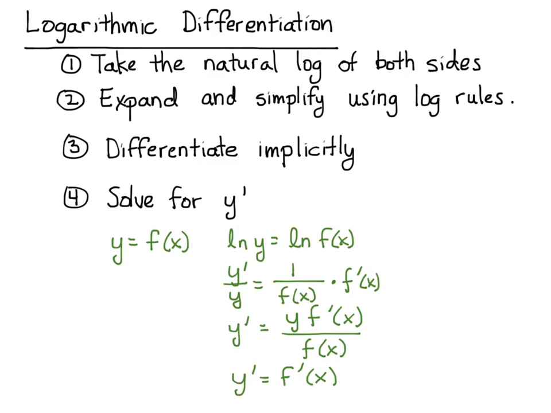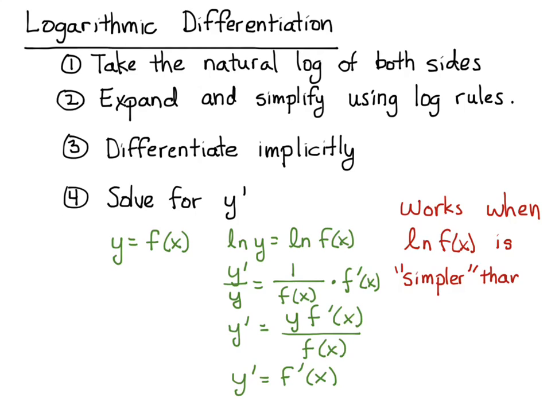So this is a little bit of smoke and mirrors, in a sense, in that we're doing a transformation, doing an operation on it, and then the transformation undoes itself when you substitute back in the original y. And so you know that this will work when, if you take the log of something, you get something that's simpler than the function itself.